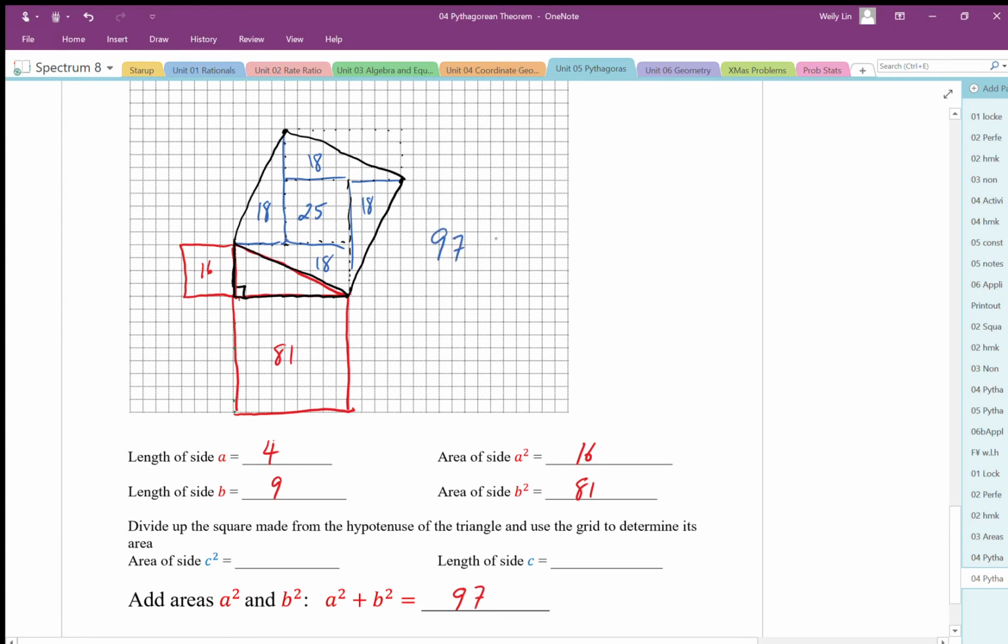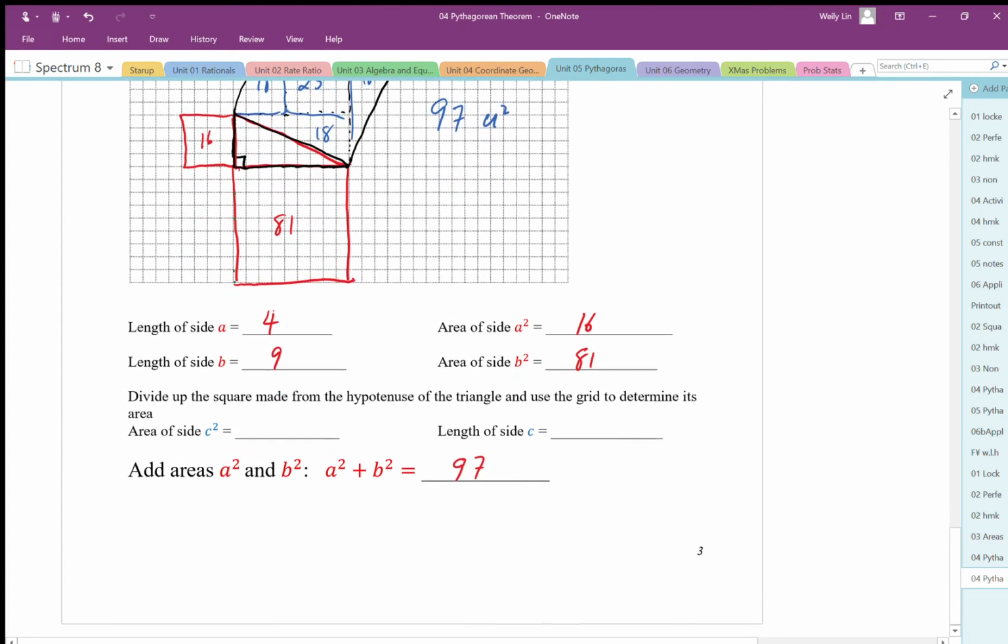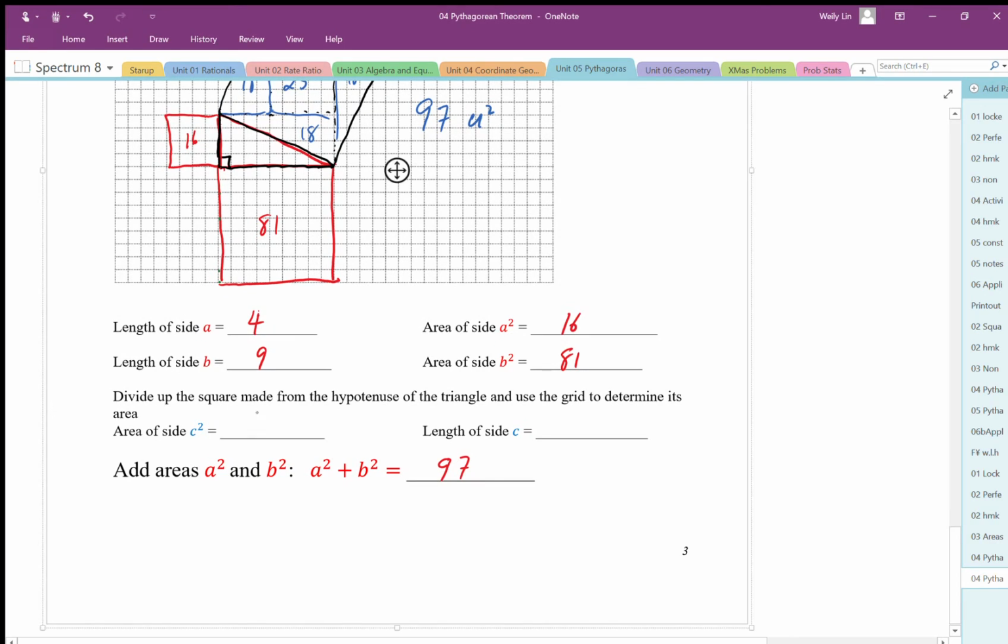There's 97 squares in that black square there. So C squared is 97. These are equivalent. The length of side C works out to be square root 97. It's just a little bit less than 10, so 9 point something.